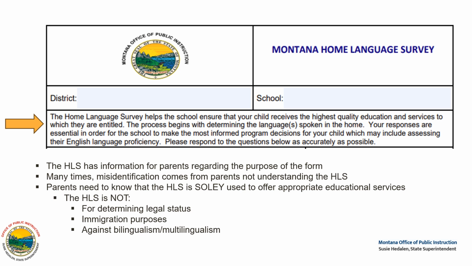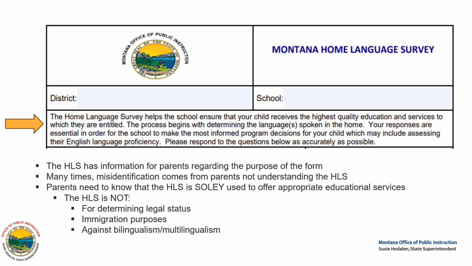It says that the home language survey is used by the schools to ensure that their children receive high quality education that is accessible to them. So we need to find out what languages are spoken in the home. And I did ensure that I put that responses may include assessing students' English language proficiency.